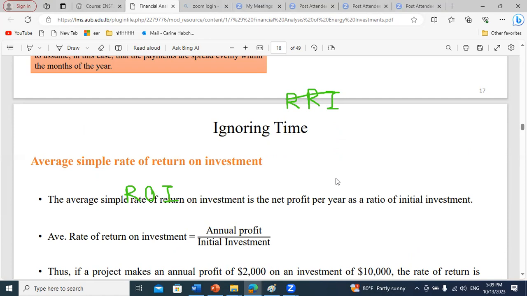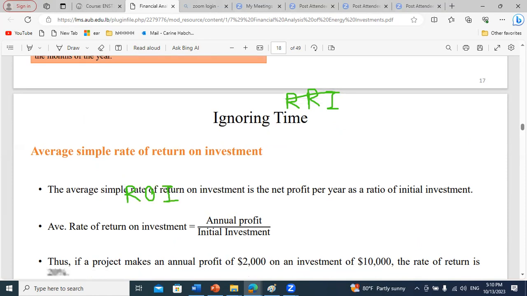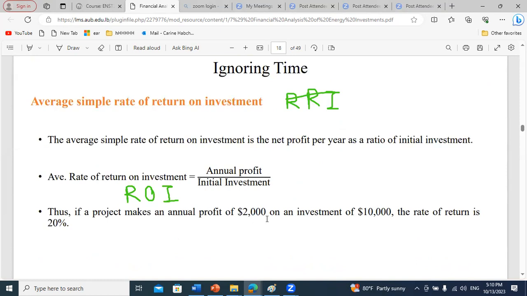So this formula will not remain as it is, because let's say for each year you have a saving of $2,000. If you want to take the time into effect, the value of the $2,000 will not remain the same. For example, you have a certain machine that you want to buy.